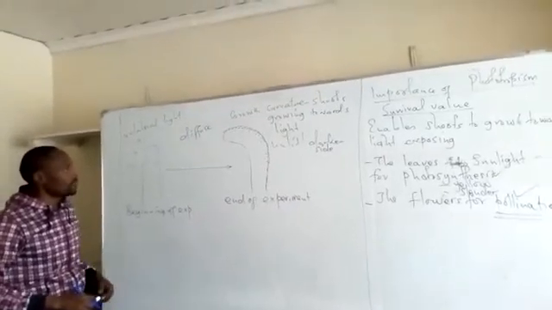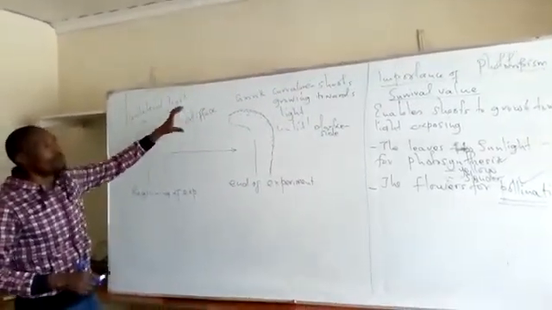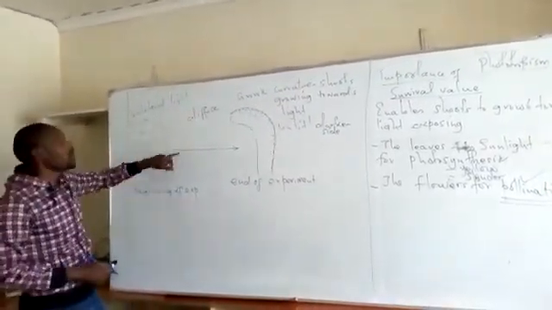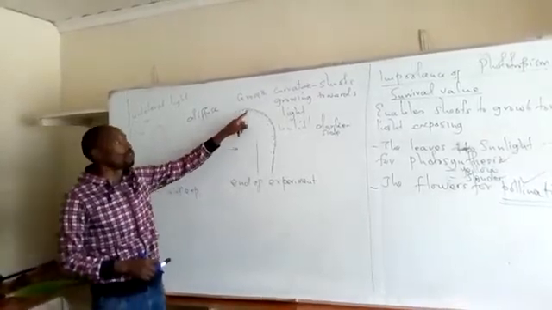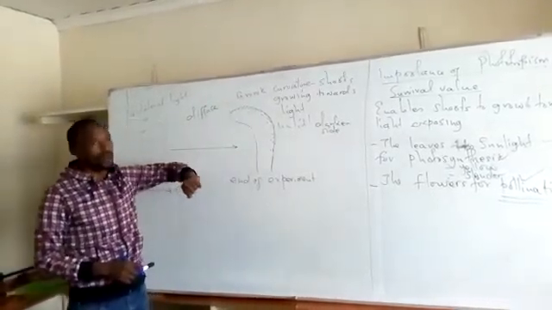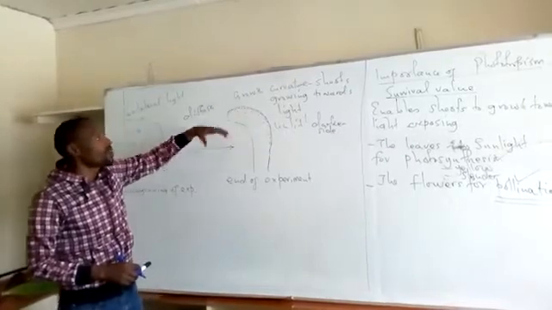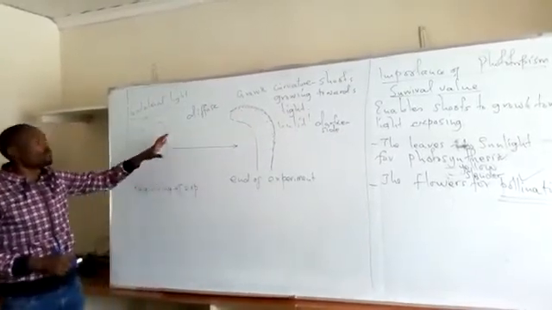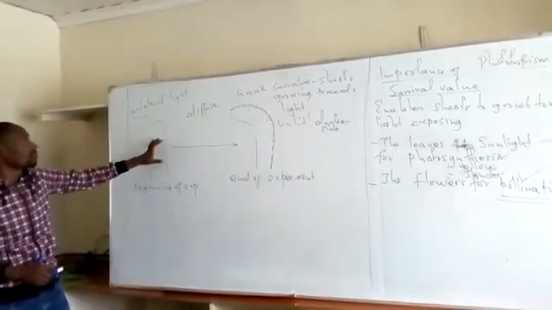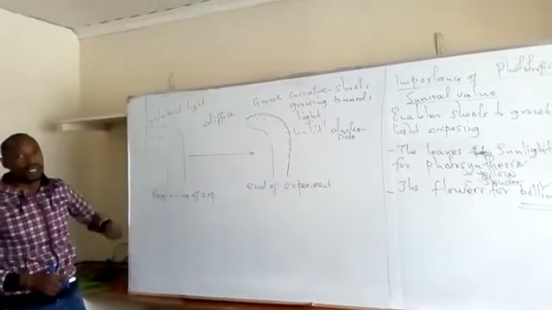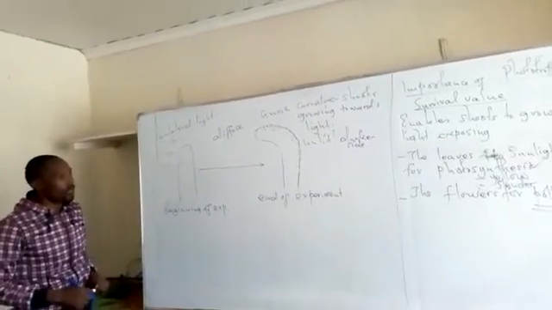Just as a reminder, if light is coming from a particular direction, we expect to observe a growth curvature or growth bending, and the bending will always be towards the direction from which light is coming into the plant.